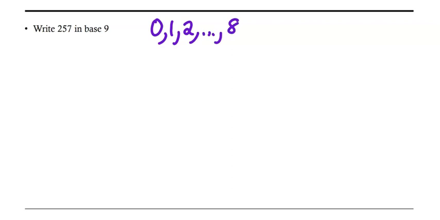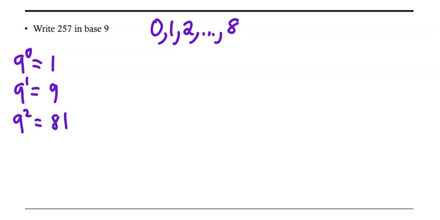And so what we need to think about now are the powers of 9. 9 to the 0 is 1. 9 to the first is 9. 9 to the second is 81. 9 to the third, which is 9 times 9 times 9, is 729. And 729 is bigger than the 257 that I'm trying to represent, so I know I don't need that.